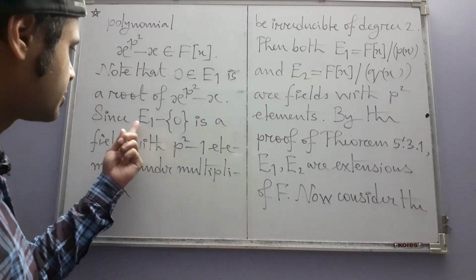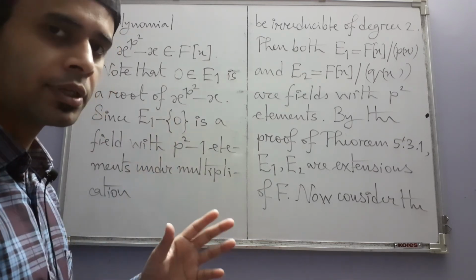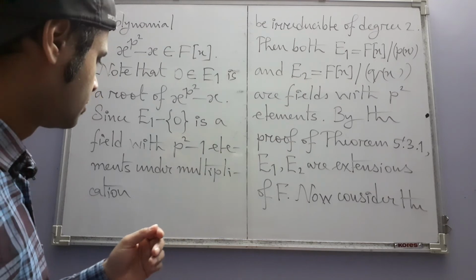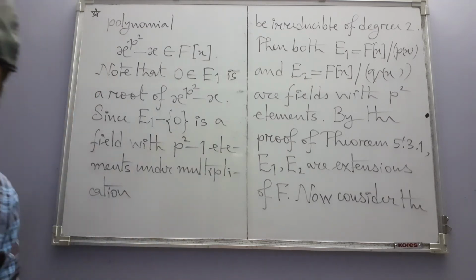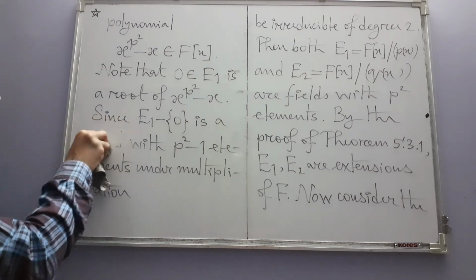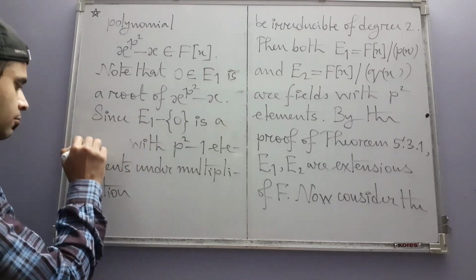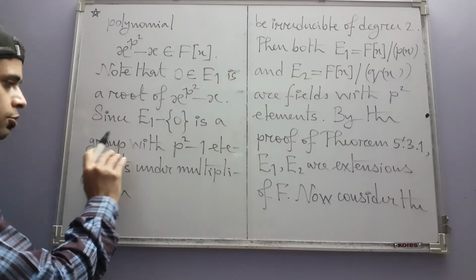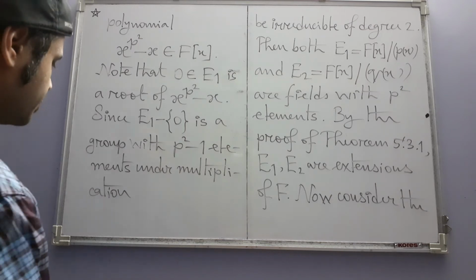It is because it's a field, so if you remove 0, the rest of the elements form a group, a group with p square minus 1 elements under multiplication.